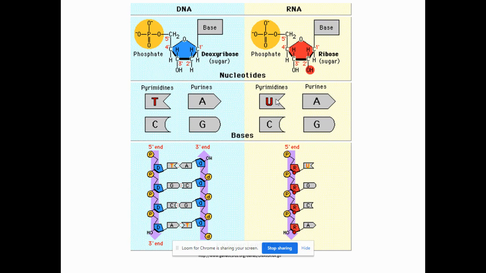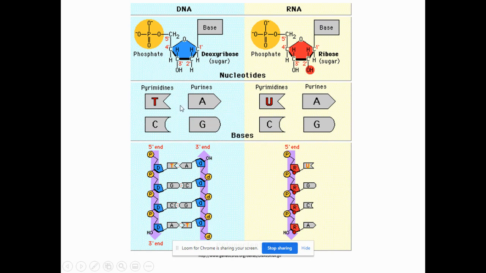So what are some differences between DNA and RNA? DNA is deoxyribonucleic acid, RNA is ribonucleic acid. Those are the 2 major types of nucleic acids. The first difference is that you have deoxyribose and you have ribose. So the pentose sugar is different between the 2 types of nucleic acids: deoxyribose in DNA, ribose in RNA.